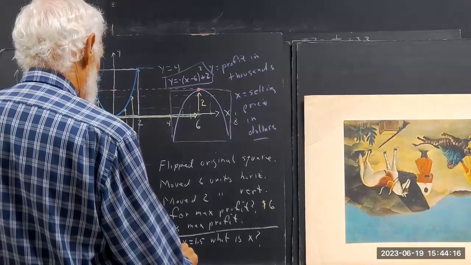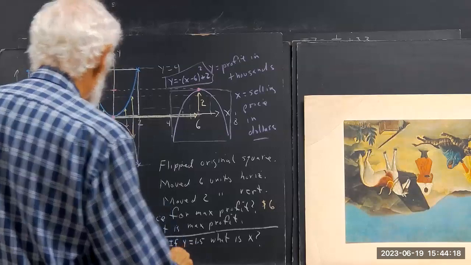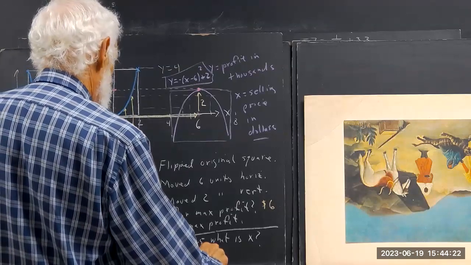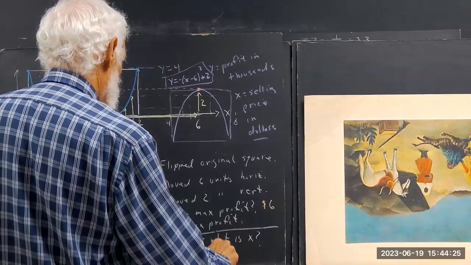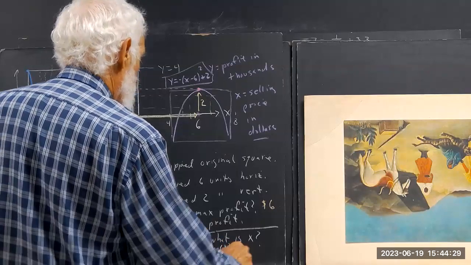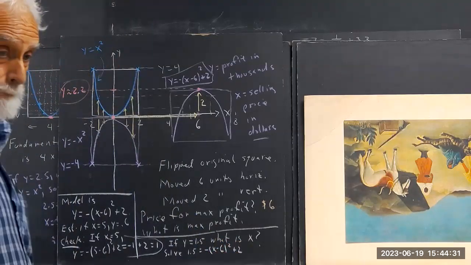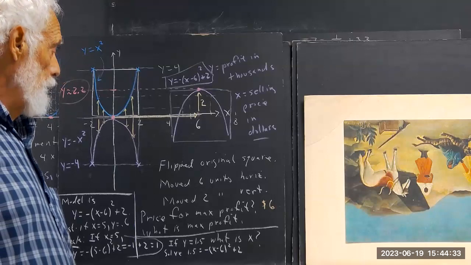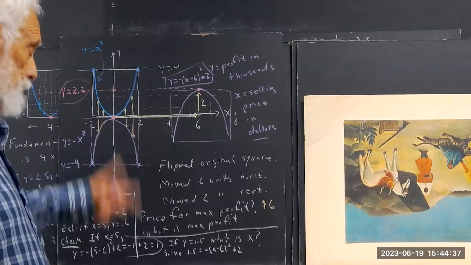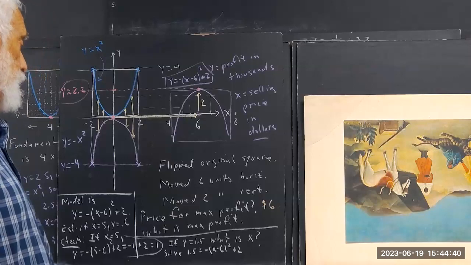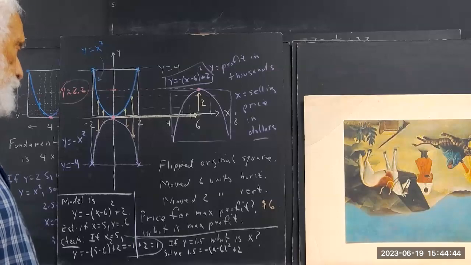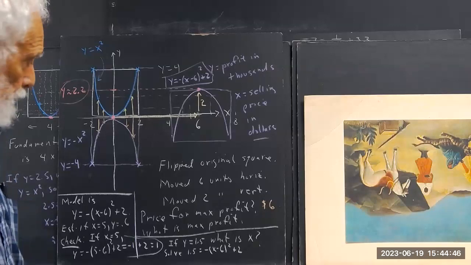And I'm not going to bother solving this. We'll worry about the algebra later. Solve 1.5 equals negative x minus 6 squared plus 2. Now I can solve that in my head because you get x minus 6 squared would be 1/2, which means x minus 6 would be about 0.7.